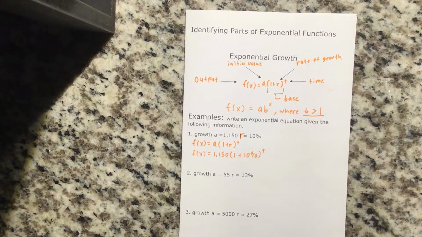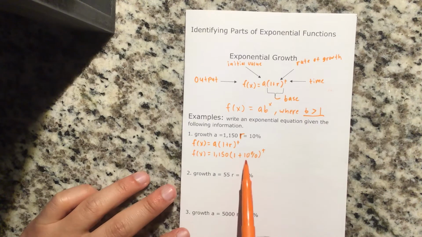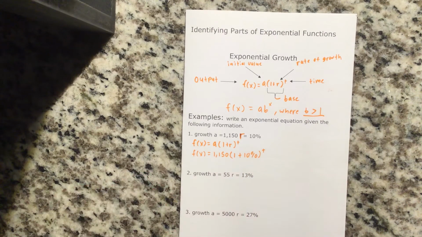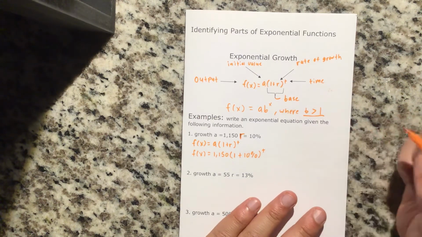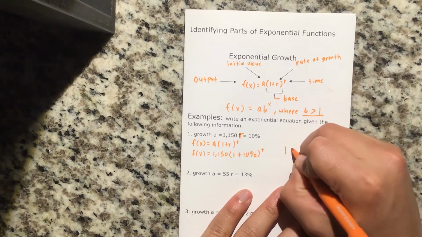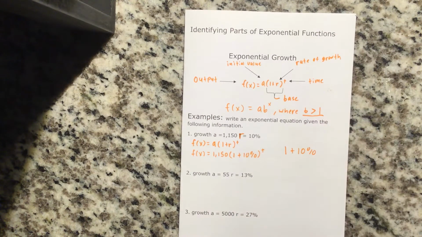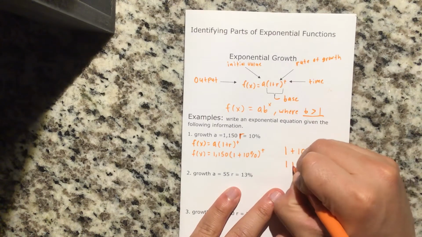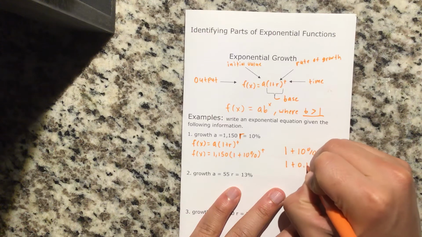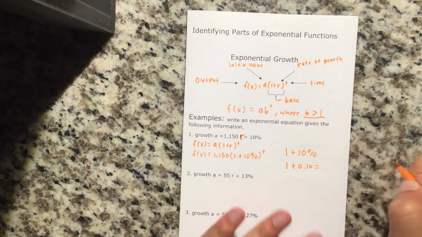Now, we need to combine our base. We need to combine the 1 plus 10%, okay? Plus our growth factor. So to do that, I'm going to go over here. So we need to know 1 plus 10%, okay? So you could do this in the calculator, or if you remember your decimals, 10%, we can write that as 1 plus 0.10, okay?